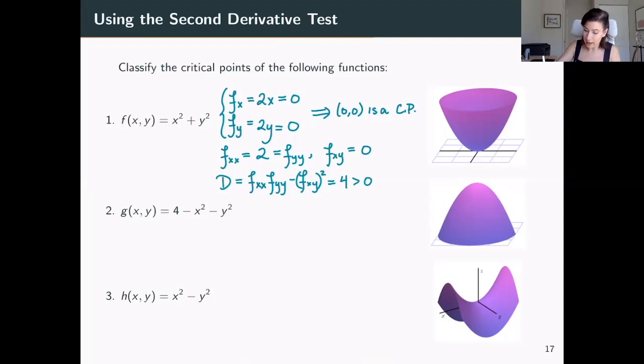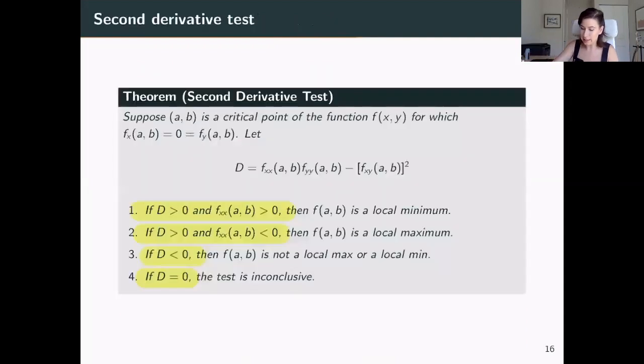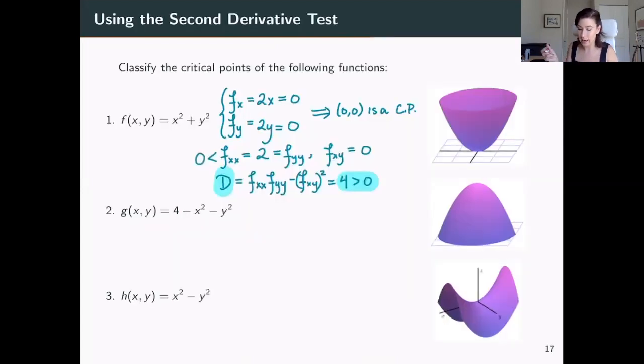So I have that my D is bigger than 0, and I also have that my fxx is bigger than 0. Because both of these are bigger than 0, according to my second derivative test, I expect that (0, 0) will be a local min. Here I have a local min at (0, 0), and this is verified looking at the image of this surface on the right.